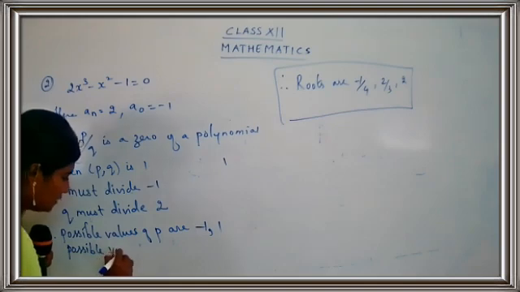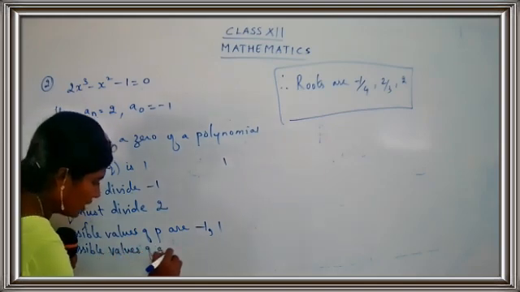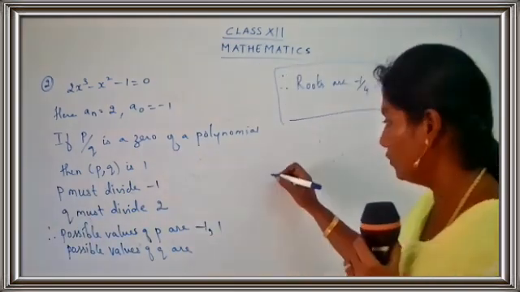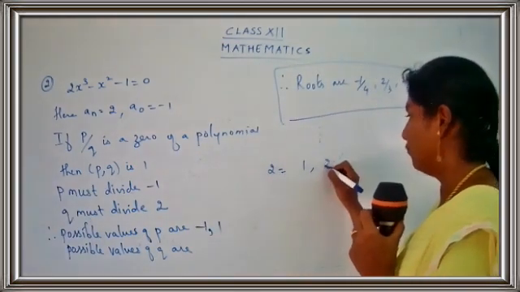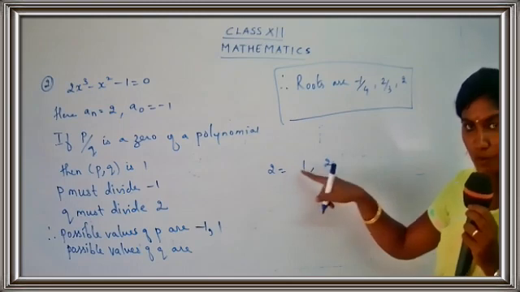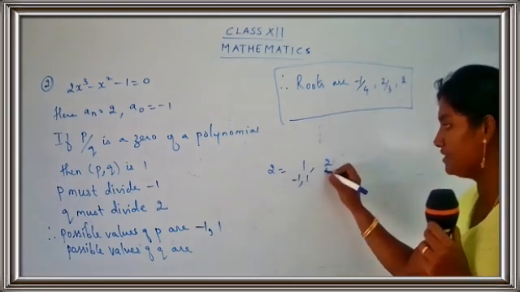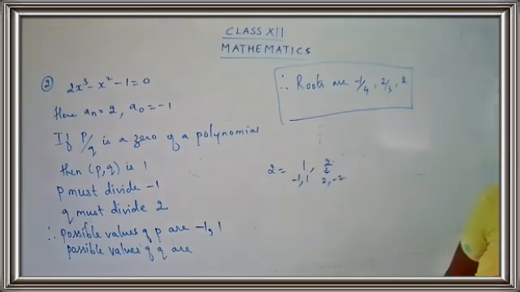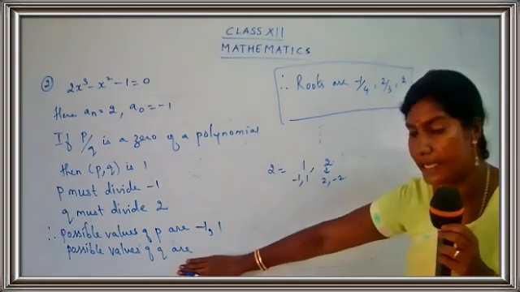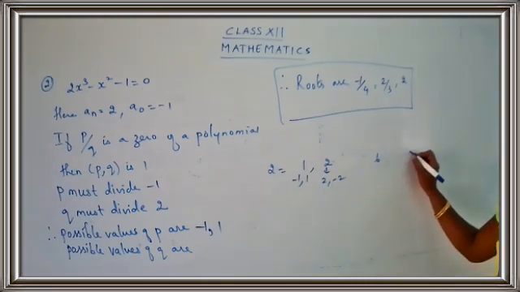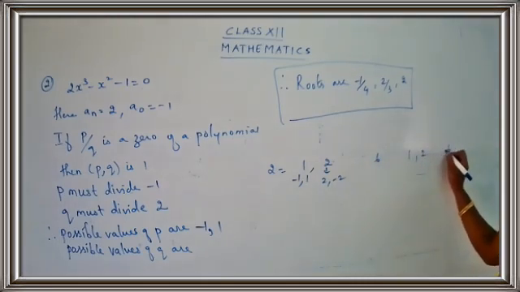Write down the possible values of q. Actually see children, for 2, how do you write the factors of 2? You'll say 2 is equal to 1 times 2. The factors of 2 are 1, 2. So instead of 1, you have to put minus 1, 1. And in place of 2, you have to put 2 and minus 2. So those are the possible values. Are you getting the point? So for 2 we write 1, 2. For 6, how do you write? 1, 6 are, 2, 3 are.